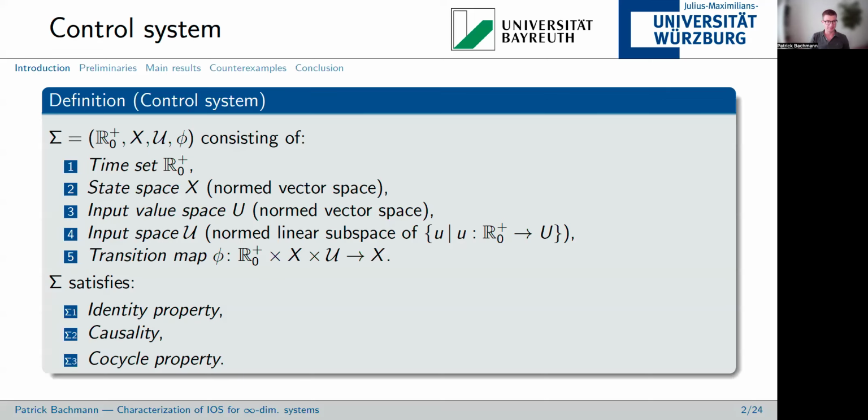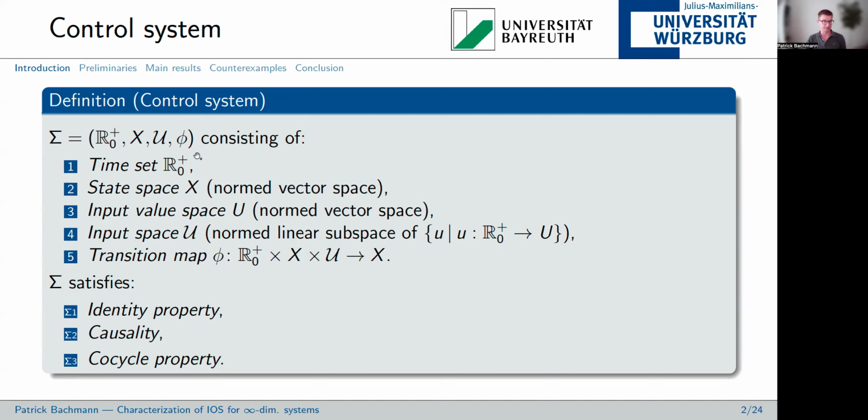Okay, let's maybe start with a bit of definitions, and then we can talk more about the motivation. So what kind of control system do we want to deal with? We consider a very abstract kind of control system, I would say.